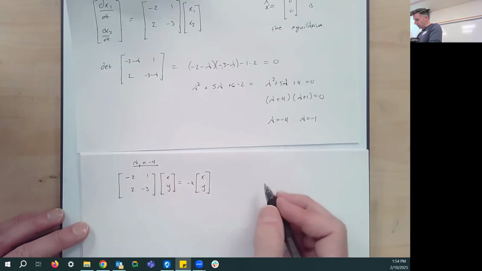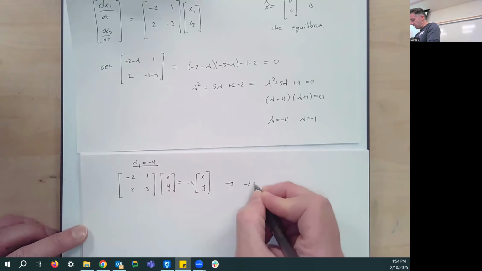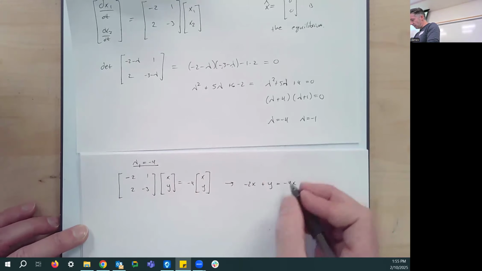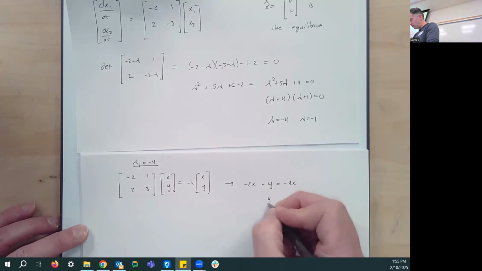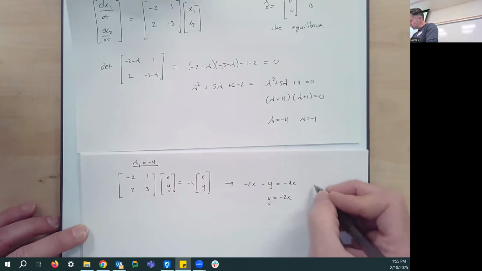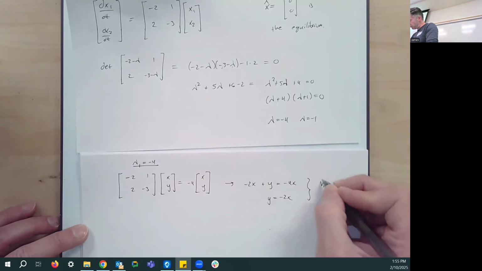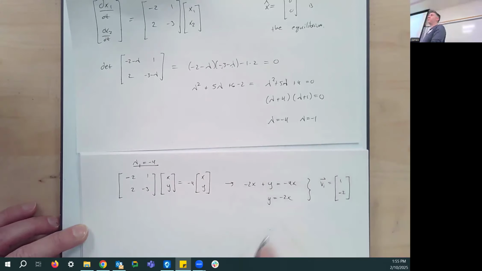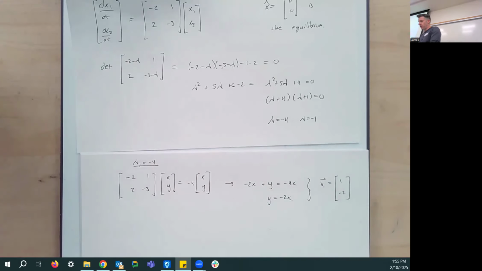Using the first equation, I'm going to get -2 times x plus 1 times y equal to -4 times x. Add positive 2x over there, you get y equal to -2x. So that's going to give me an eigenvector of x is 1, y is -2. Or take your pick. Usually if there's one negative, some people might say it's -1, 2, but those are both standard choices here.